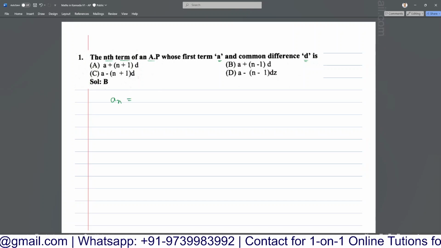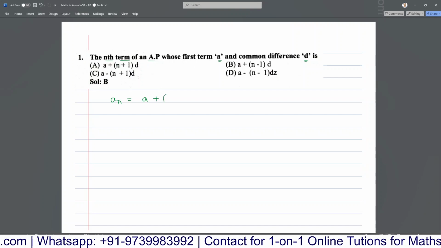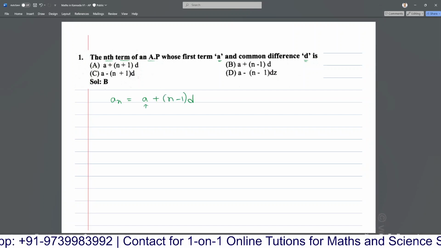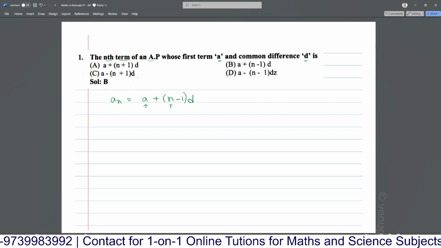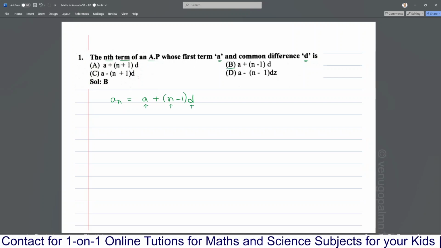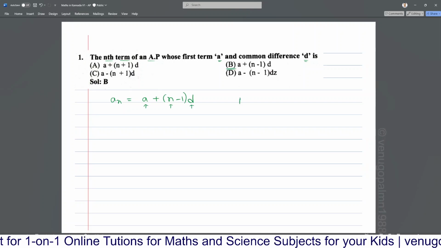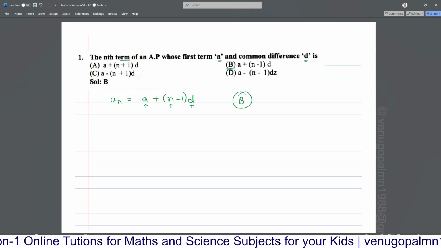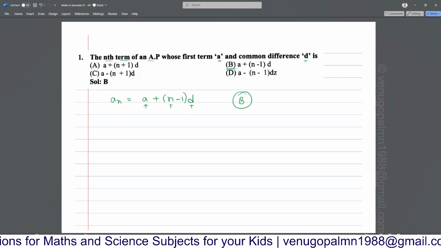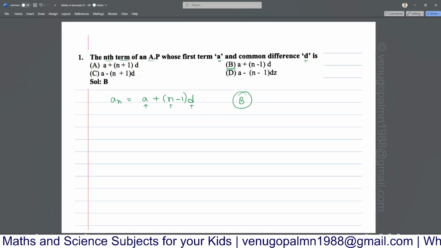A of n is equal to A plus n minus 1 into D, where A is the first term, n is the position value and D is the common difference. The right answer is option B. Got it guys? Very simple, straightforward, standard formula.